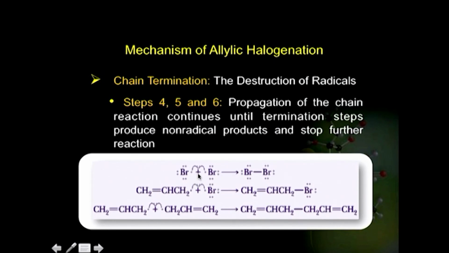So, either 2 bromine radicals can combine to give a bromine molecule, there can be an allylic substitution with an alkene radical and the bromine radical, and also there is a possibility that 2 alkene radicals may combine together and give rise to a dialkene. So, this is how the chain gets terminated.